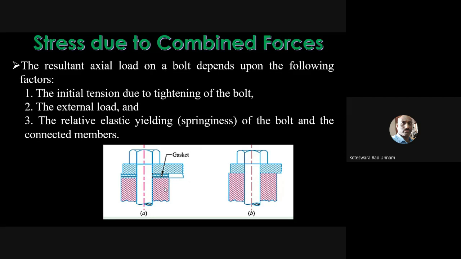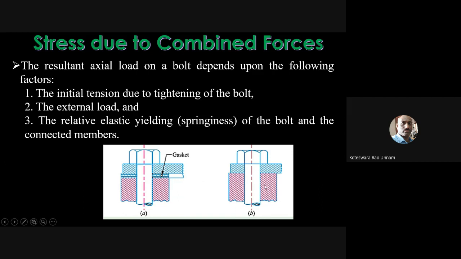Therefore the total load is on the bolt only. In that case you need to consider 100% of the external load taken by the bolt itself, so the resultant load on the bolt is the initial tension plus the external load.